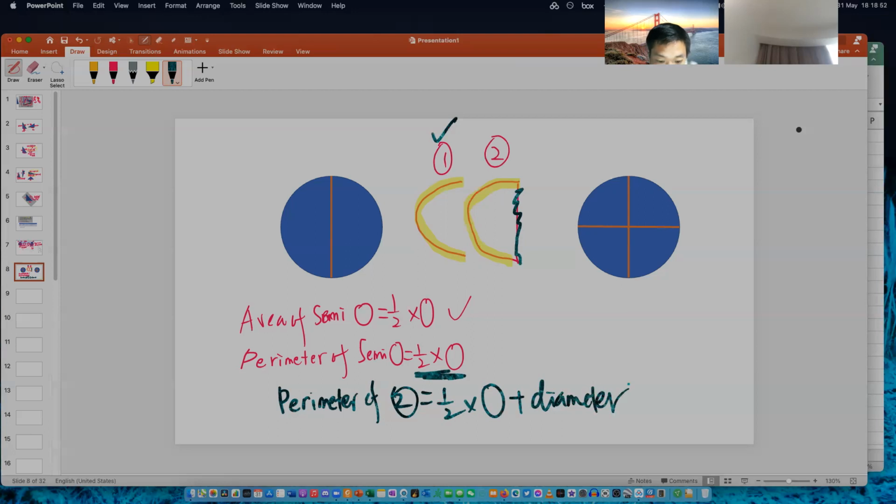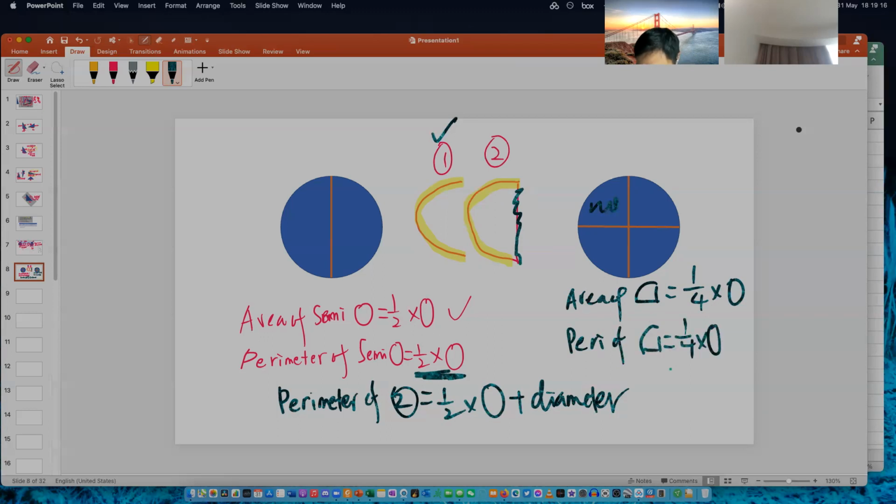Next, if you want to find the quadrant, same thing, area of a quadrant is 1/4 of a circle. I think you have no problem. For the perimeter, I'm not going to write the full form. The perimeter of the quadrant is also 1/4 of the circle.